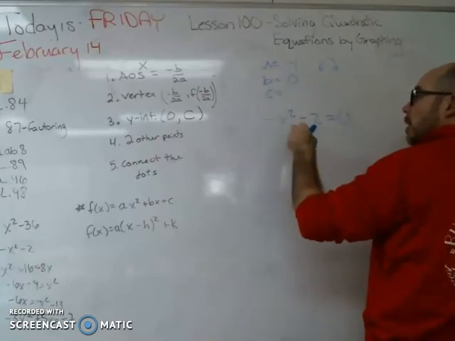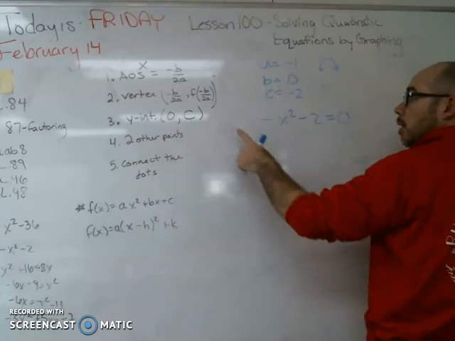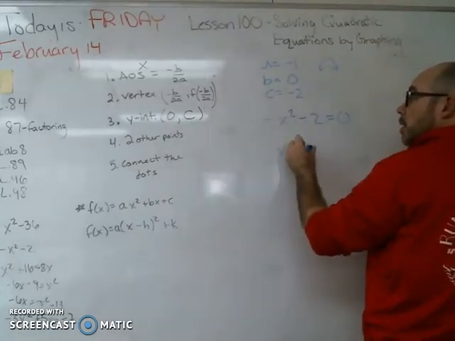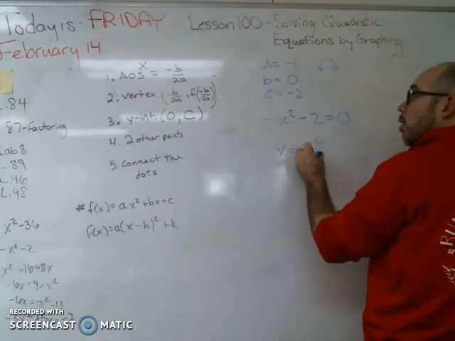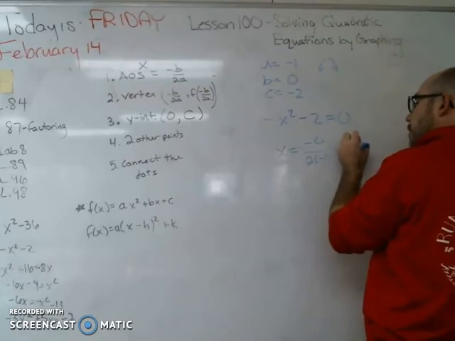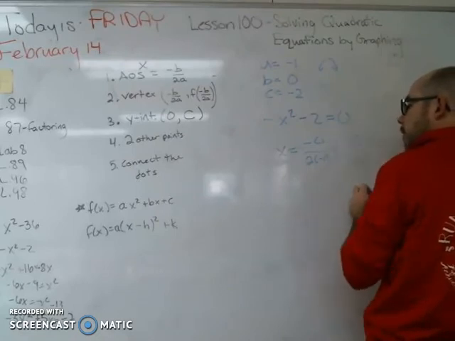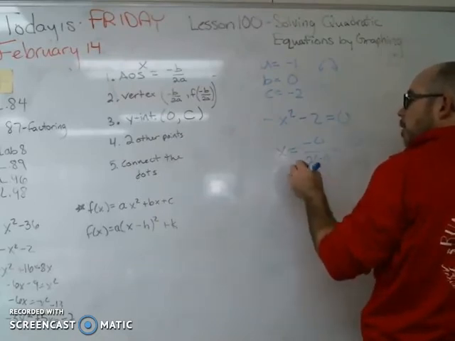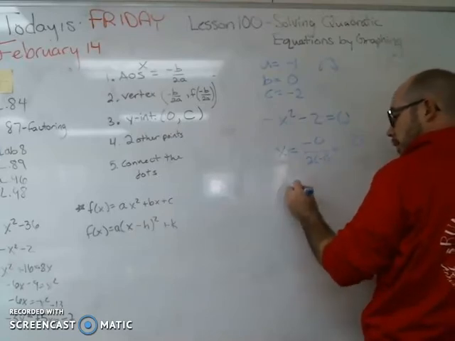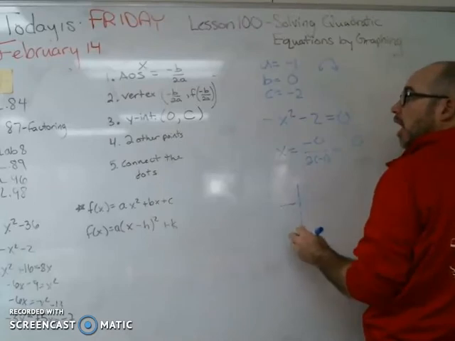There's no x all by itself, and c is negative 2. We could go ahead and find an axis of symmetry at negative 0 over 2 times negative 1, which is, well, that's just equal to 0, right? So we get axis of symmetry at x equals 0, right down the center, dot, dot, dot, dot, dot.